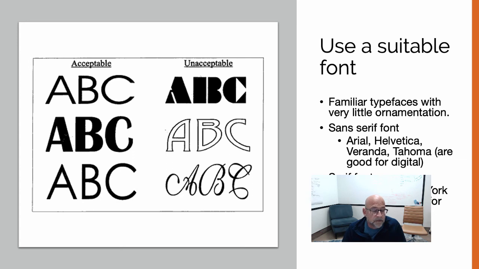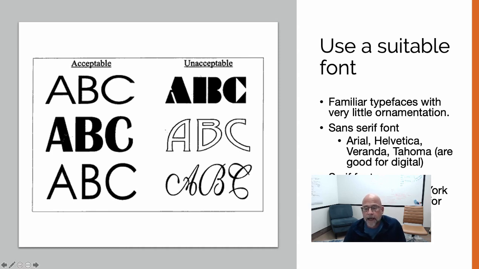So serif fonts are really useful for hard copy. If you've got a book, for example, that you're reading, it makes sense to have a serif font. In fact, this thing does, because there's so much resolution on text that doesn't exist necessarily on a screen that it works out well on text, but it doesn't work as well on the screen.